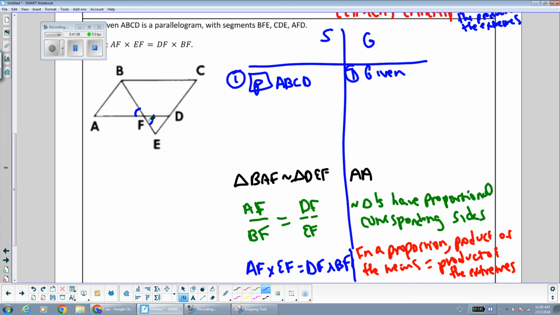Vertical angles are usually always part of the similar triangles questions. And let's look out for alternate interior angles. I do see a letter Z. But remember, in order for the alternate interior angles to be congruent to each other, we do have to first know that the lines are parallel. And wait, we do because we have a parallelogram. Perfect.